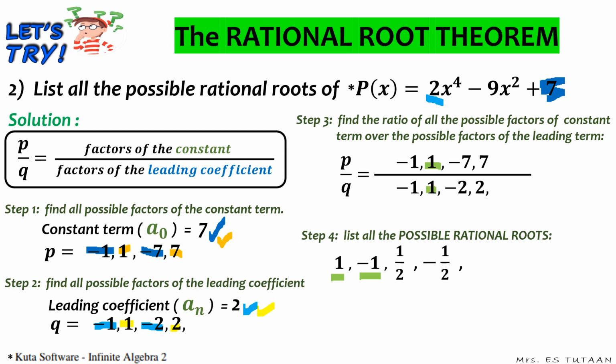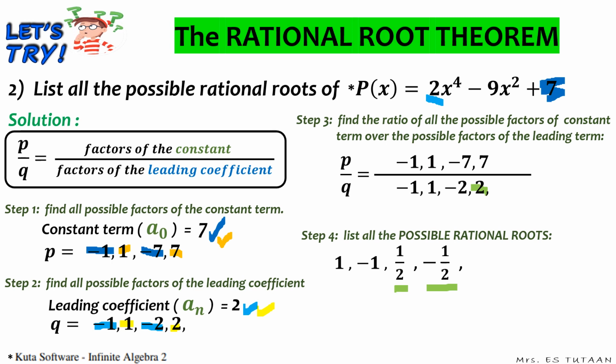That is positive 1. Next, positive 1 divided by negative 2. That will give us negative 1/2. Meron na rin. Next, positive 1 divided by 2. That will give us positive 1/2. Meron na rin. Okay na?